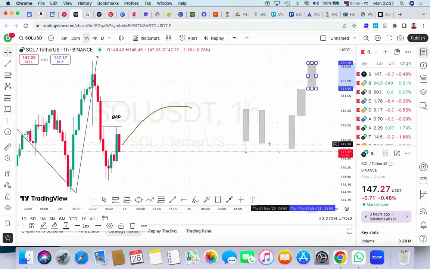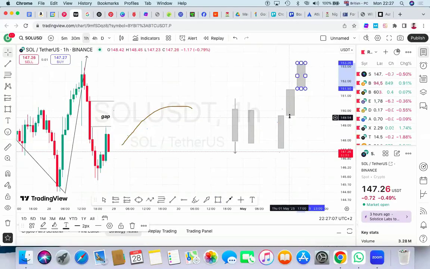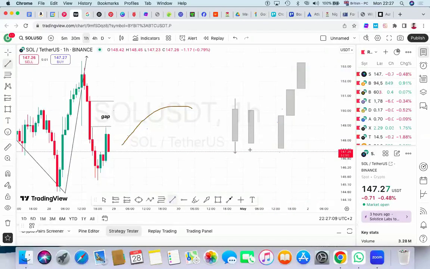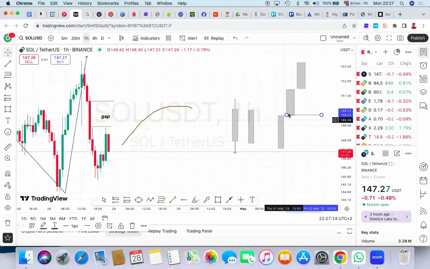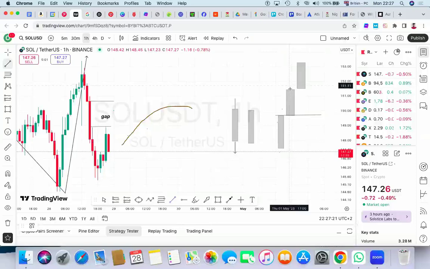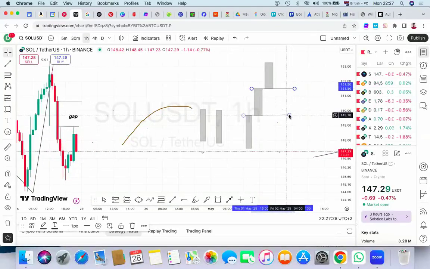When you see it and there is a gap between the first and this, this will be an uptrend scenario. And this is a very strong one. This is a very strong trend in the market. This is a very strong scenario. When you see this big gap, the gap will be within the first and the third candle. There will be this gap.